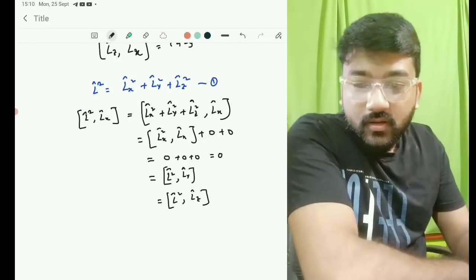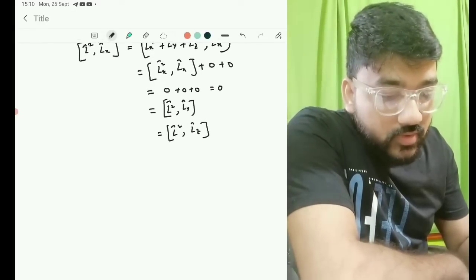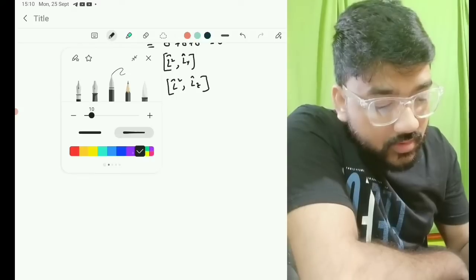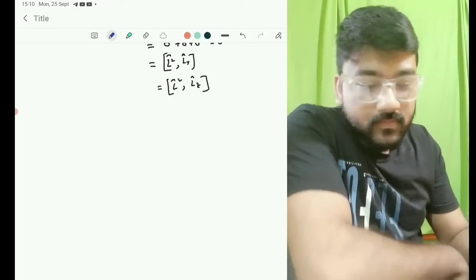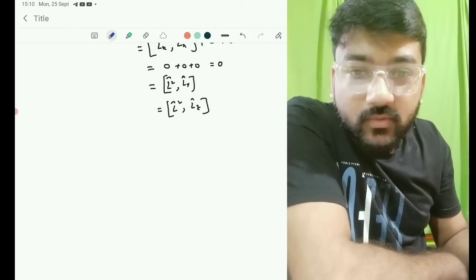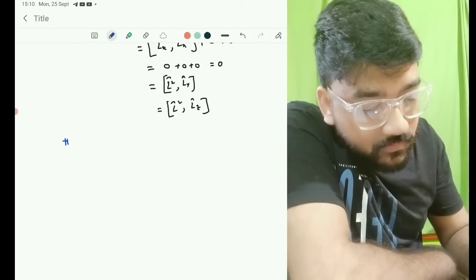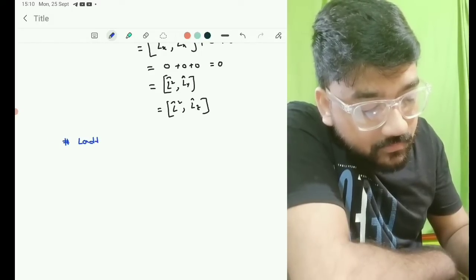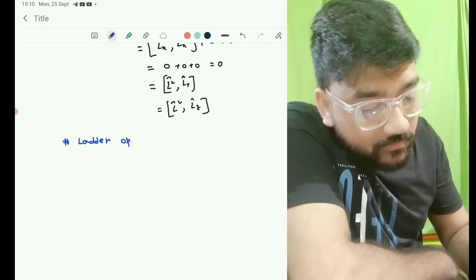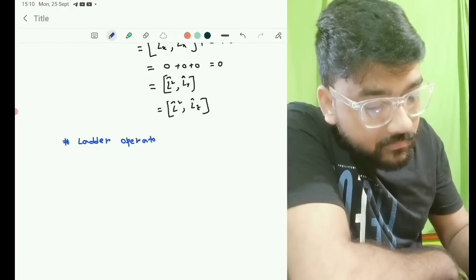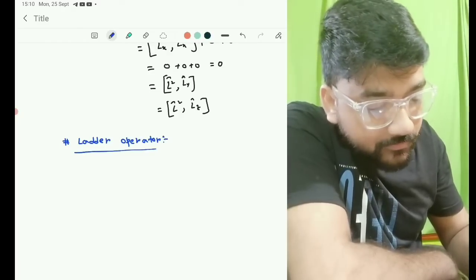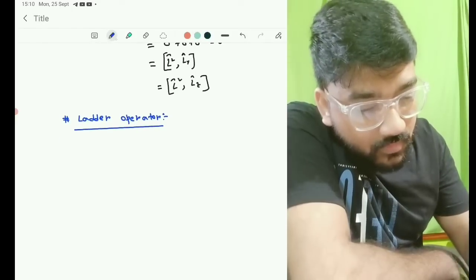Now I said in the last class that we will discuss another important operator, which is called the ladder operator. This is just a special type of combination of Lx and Ly, so you should know this also. What is this?